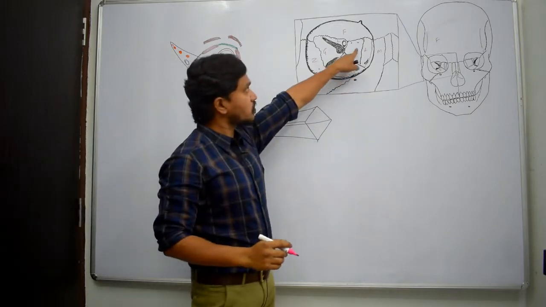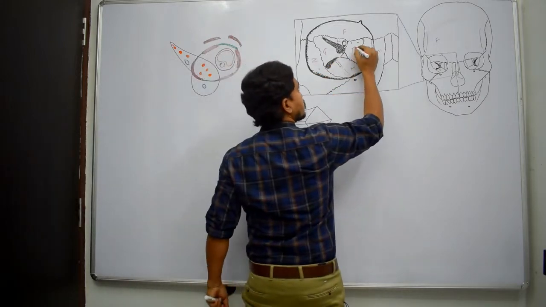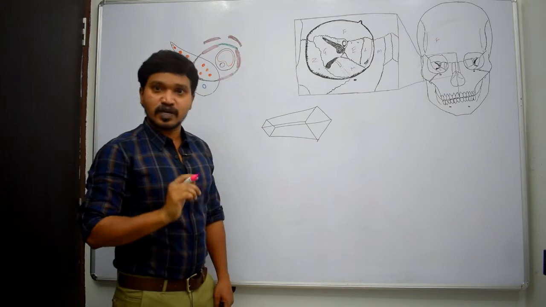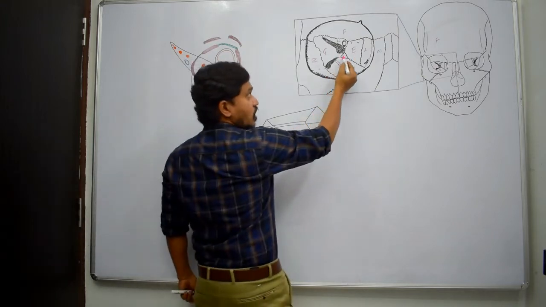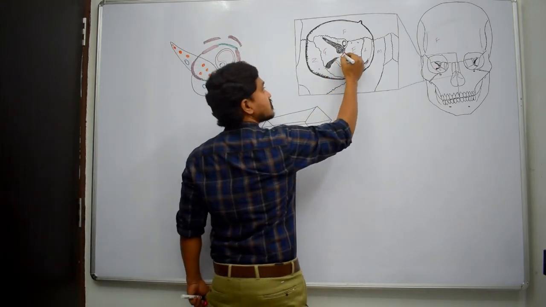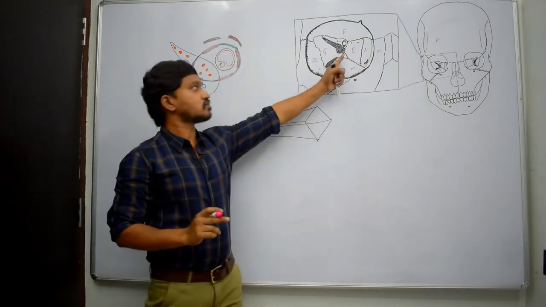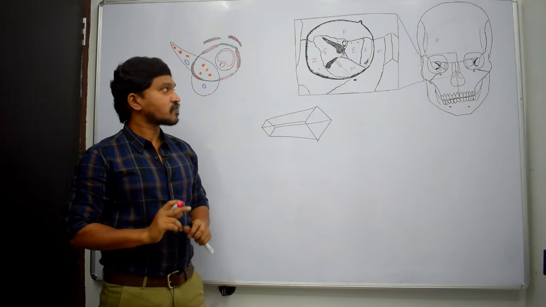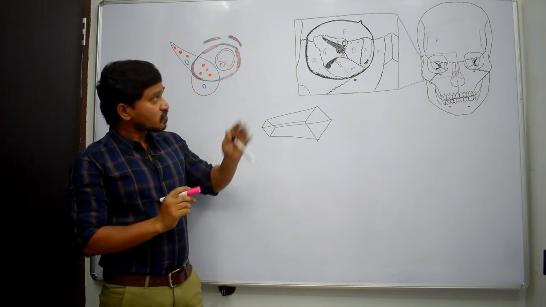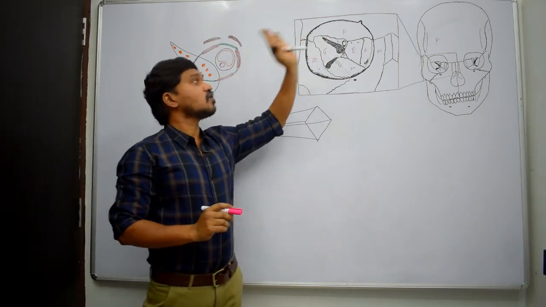And this? Ethmoid bone, the orbital surface of ethmoid bone. And what is this small bone here? This is the orbital process of palatine bone. Now we know which bones form the bony orbit.